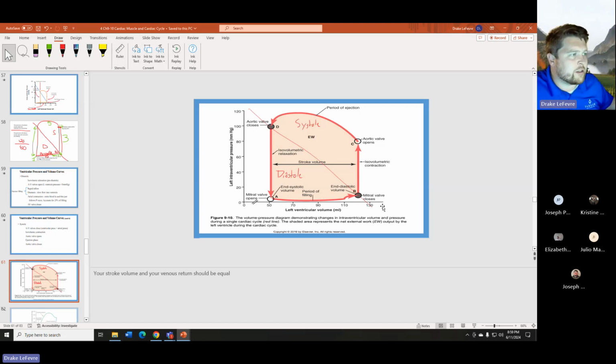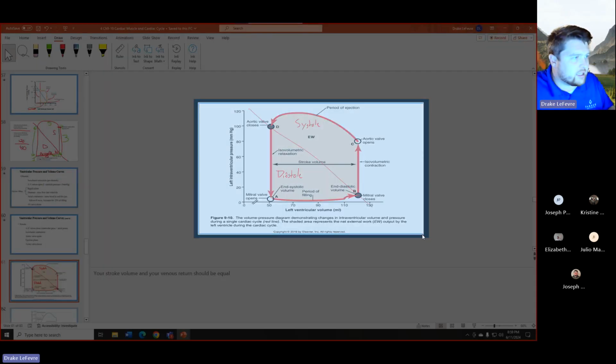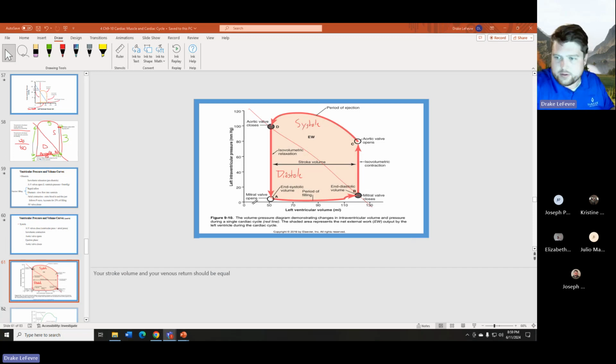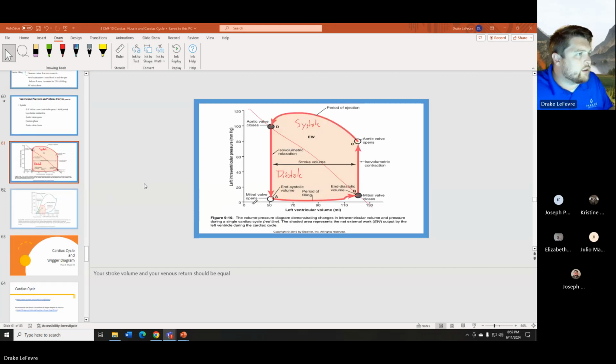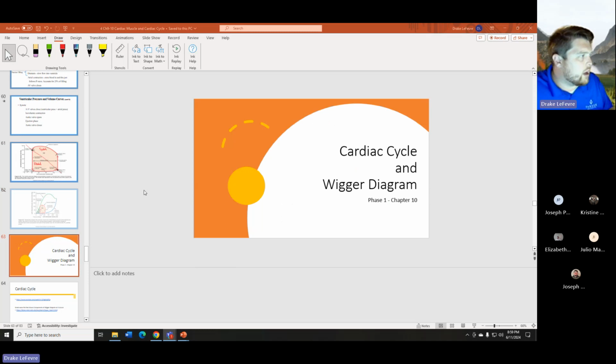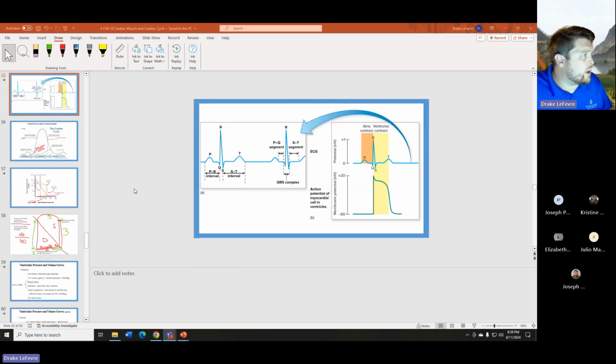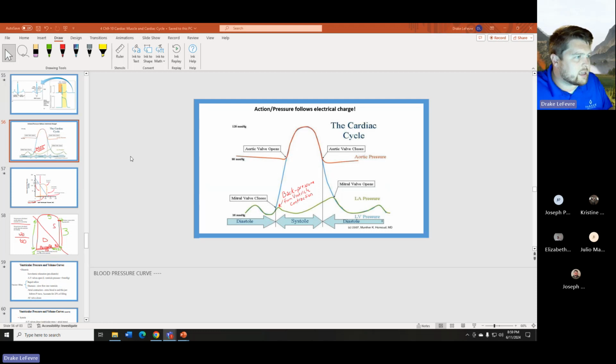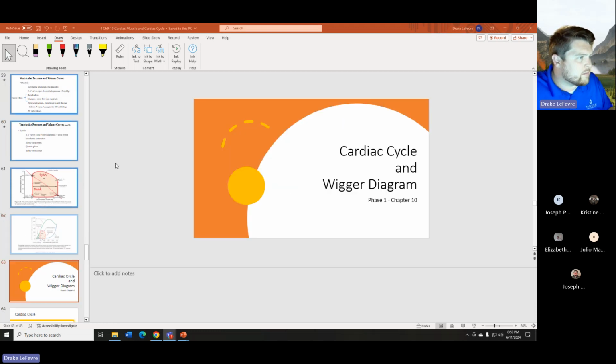Systole, this is just a bunch of review stuff. Here's another chart just showing systole, all of our specific things, where things open, where things close. And then we'll talk about the Wigger diagram, this kind of thing.